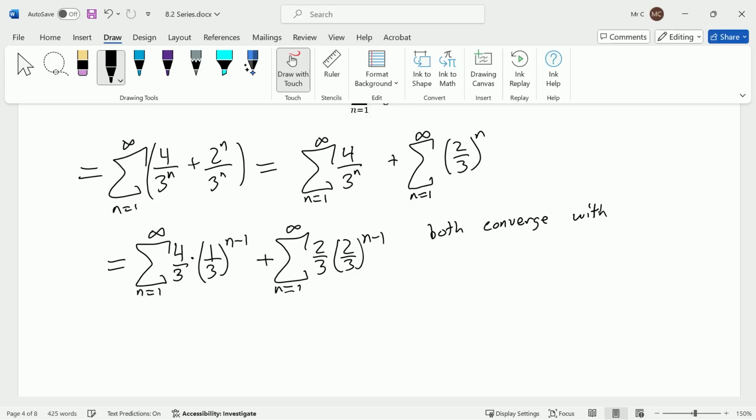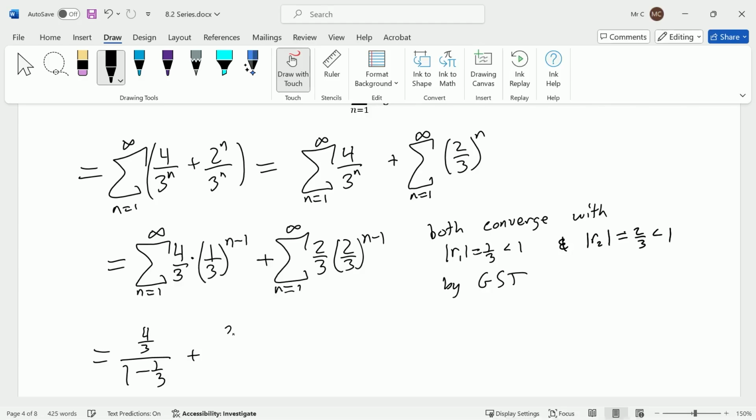with the absolute value of r1 being 1/3, which is less than 1, and the absolute value of r2 being 2/3, which is also less than 1, by the geometric series theorem. And they're equal to 4/3 over 1 minus 1/3 plus 2/3 over 1 minus 2/3.